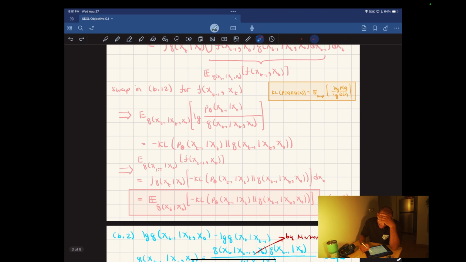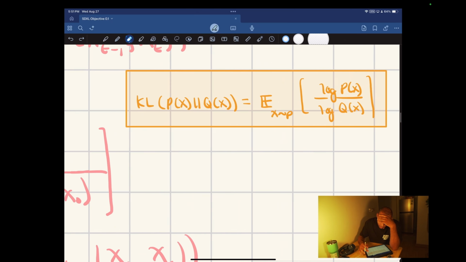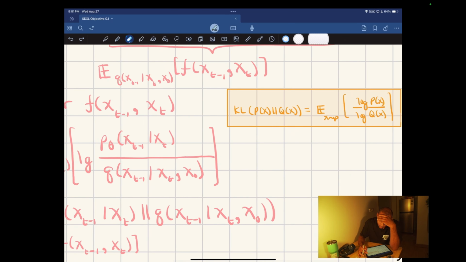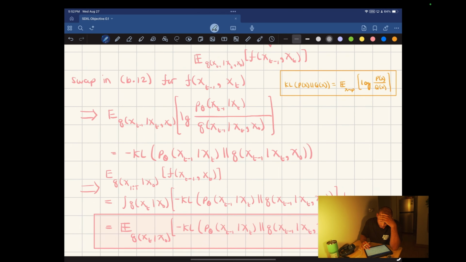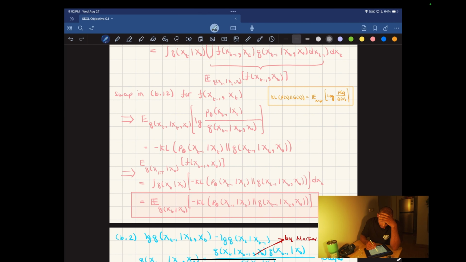Now the definition of KL divergence between P and Q is equal to the expectation under P of log of P divided by Q, right?